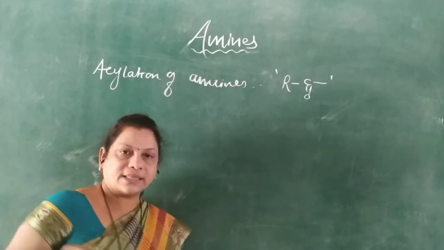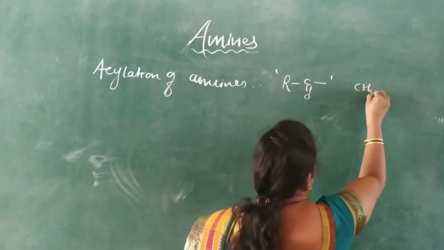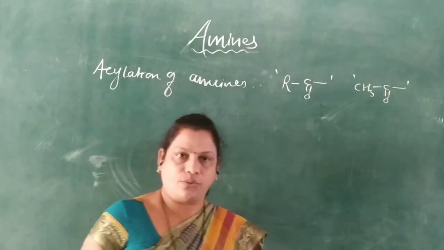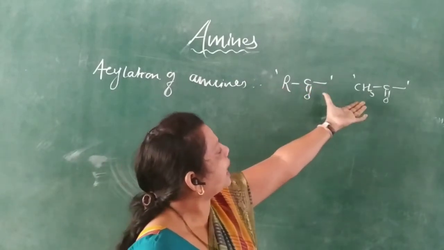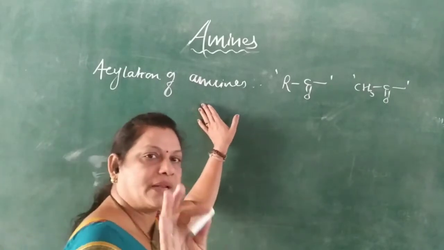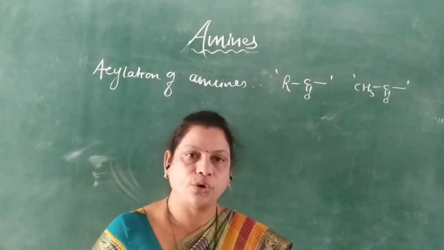For example, the acetyl group is CH3C double bond O. So the introduction of an acyl or acetyl group on amines by replacement of hydrogen from the amino group is called acylation of amine.